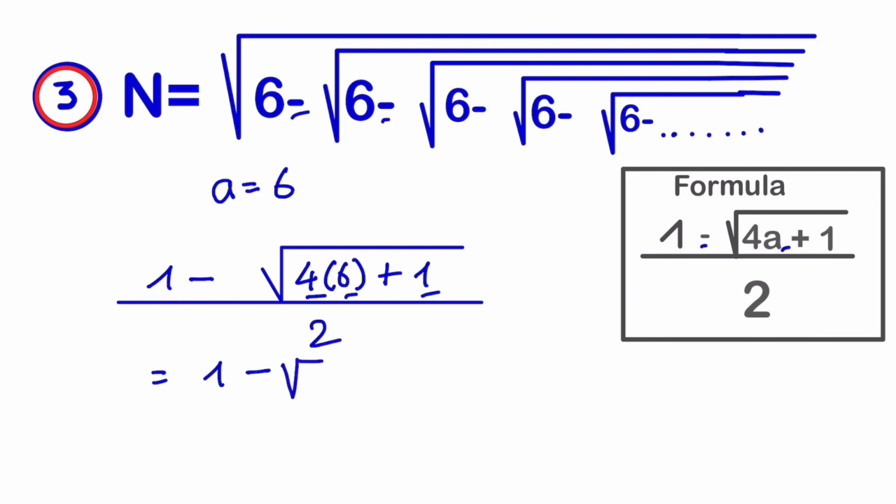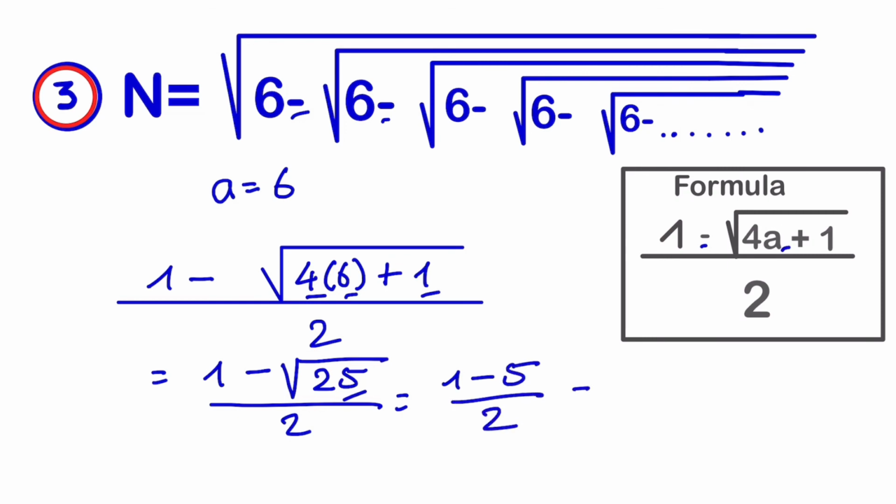We are going to have the square root of 25 over 2. So this will be the same as 1 minus the square root of 25, which is 5, over 2. So this will be the same as 1 minus 5, which is minus 4, divided by 2. So our answer will be minus 2. So in this question, our answer is minus 2.